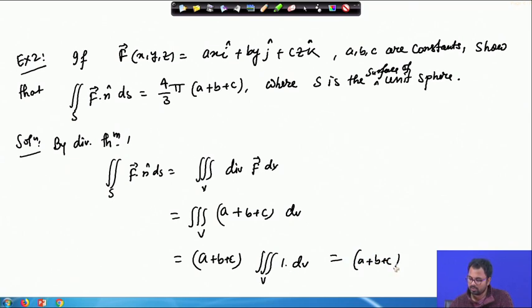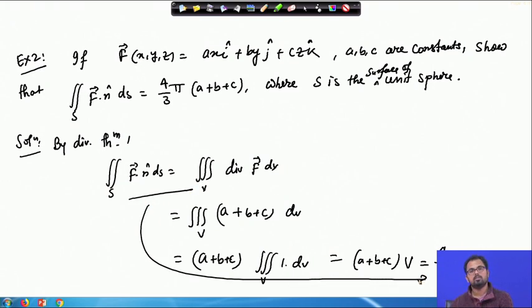The volume V is the volume of that sphere, and the volume of that unit sphere in this case would be 4/3 pi r cubed, where r is 1. So, this is basically 4/3 pi (a plus b plus c). You see, just a simple application of the divergence theorem has reduced our effort in such a nice manner.